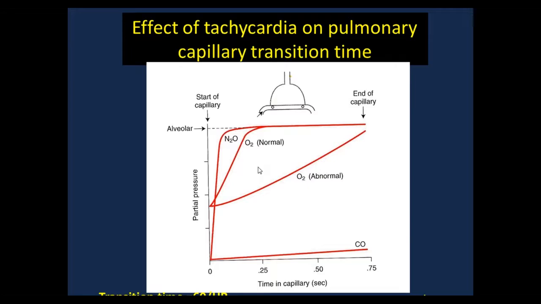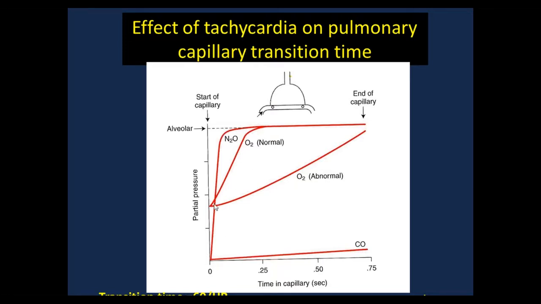What about heart rate? For the capillaries to be perfused and accept the oxygen while blood passes through the capillaries, we have on this axis the time, and we have nitrous oxide, so ignore this curve, and you have the normal oxygen curve.